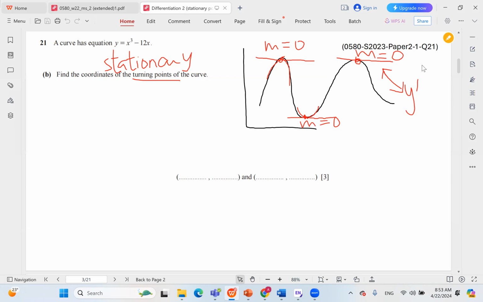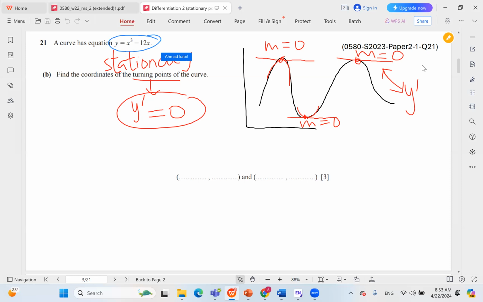And all of what I said up to now leads us to a very simple rule that for any turning point, y dash must equal 0, because the gradient is 0 and y dash represents the gradient. So for any turning point, the simple rule is that y dash must be set to 0. Of course, y dash is the derivative of y, and we learned how to obtain that in the previous video.